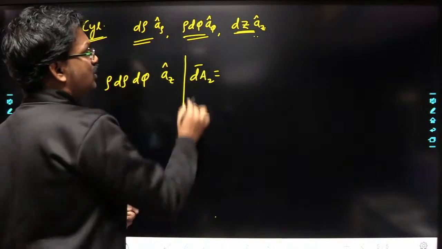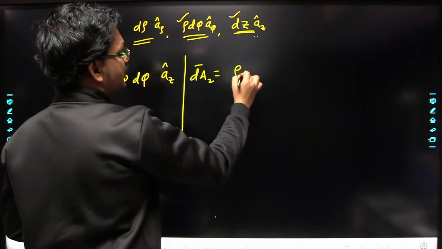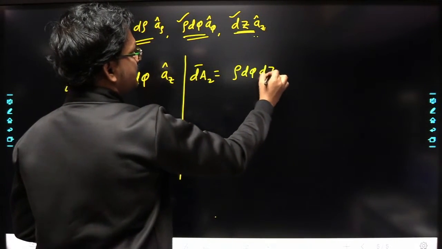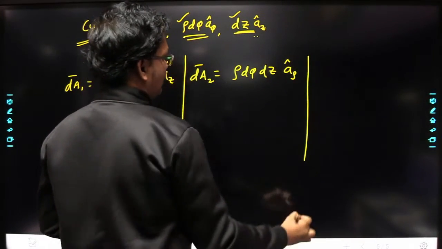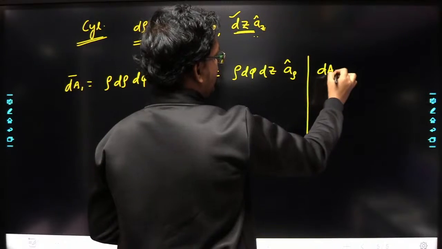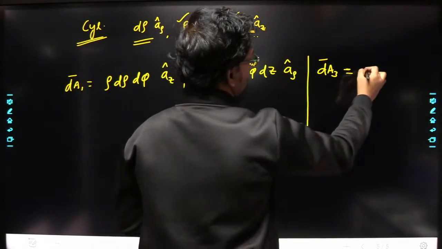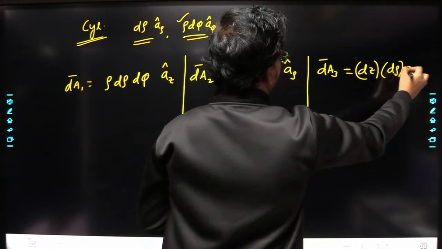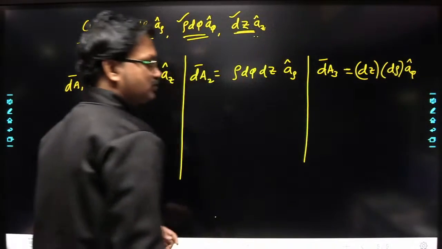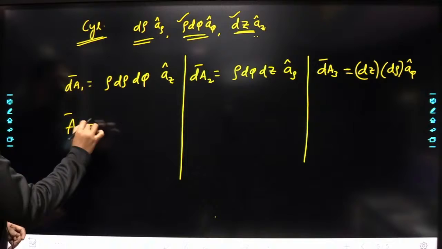If you do the cross product between the other two, you are going to get another differential area, rho d phi dz, a phi cap cross az cap is a rho cap, and another differential area dA3 bar is equal to dz d rho a phi cap. Understood?